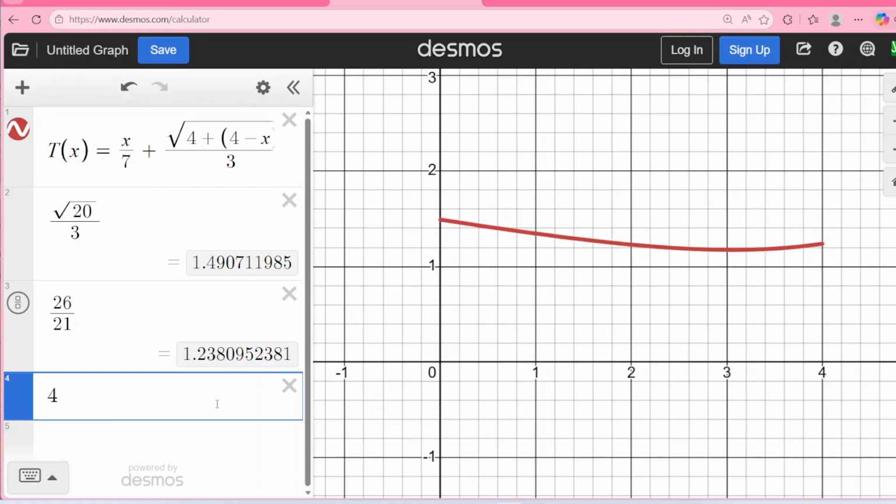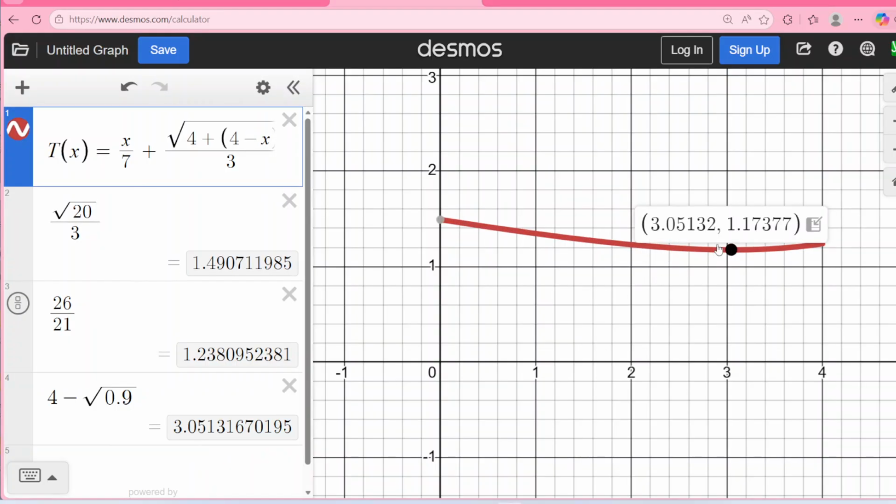I said that would be 4 minus the square root of 9 tenths, which is just 0.9. See, 3.05131. See, 3.0513. Well, they rounded. So again, I'm going to put the one rounded here, 1.17 miles or hours. Sorry, it would take her 1.17 hours to get to the island if she walked 3.05 miles or so down the shore.